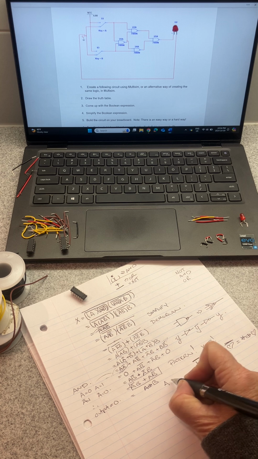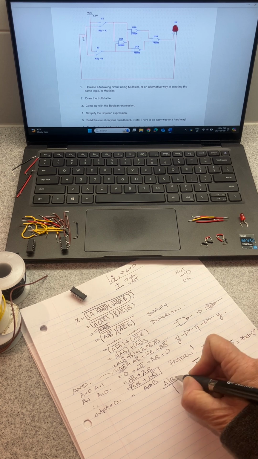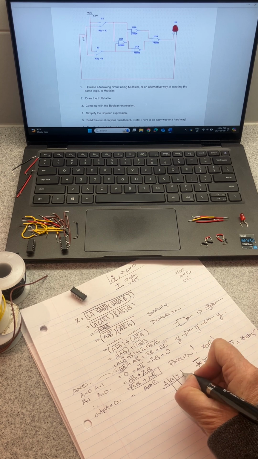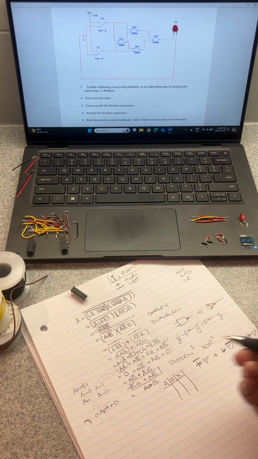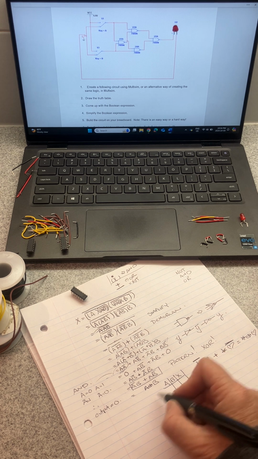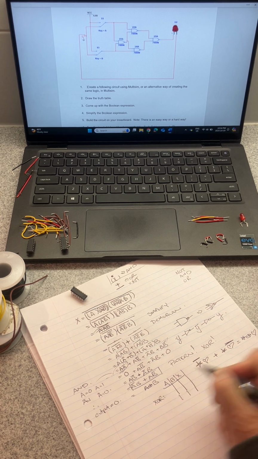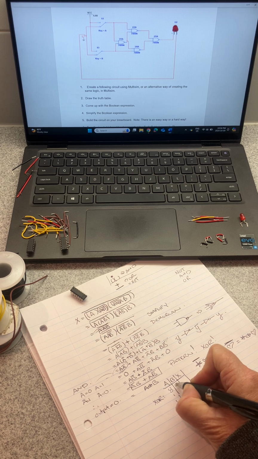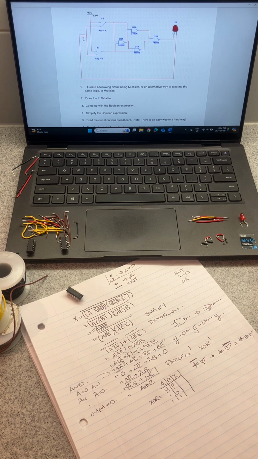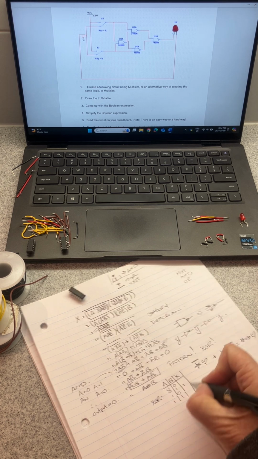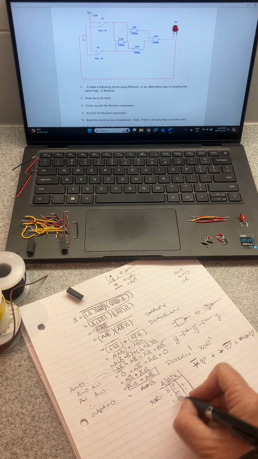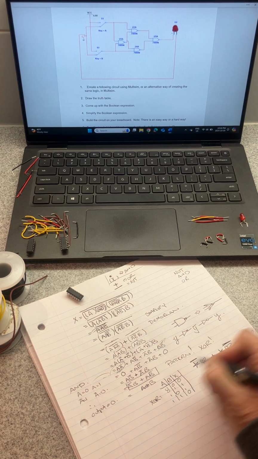And what that pattern says is that it's like an OR gate. In an OR gate, the output is high if one or the other or both are high. But in an exclusive OR gate, the output is positive if one or the other, and not both, is high.